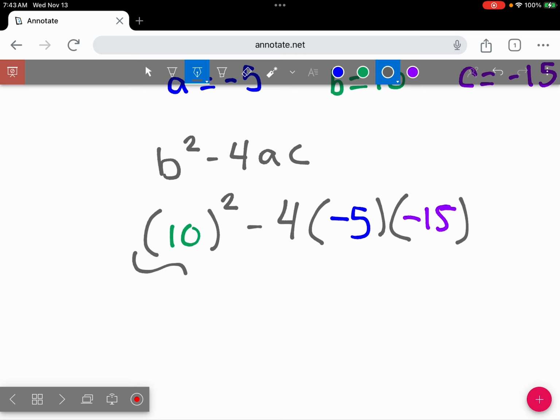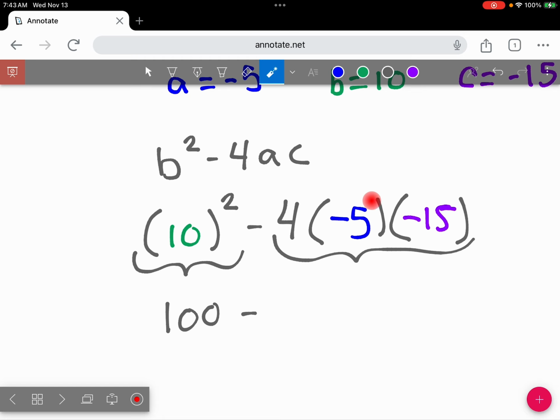So our 10 squared, that's going to give us 100. Minus 4 times -5 times -15. That is -300.